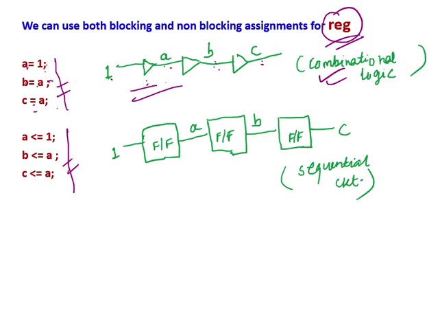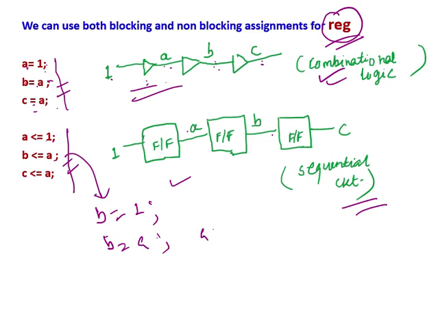But if I write the same logic using non-blocking assignment, then what will happen? It will be a sequential circuit, and it will involve real hardware, that is a flip-flop. At the first instant, 1 will be propagated to A, and B will get the A value, but here B won't be 1. In this case, B will get the previous value of A, whatever value A had before.